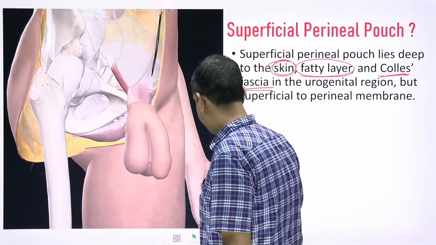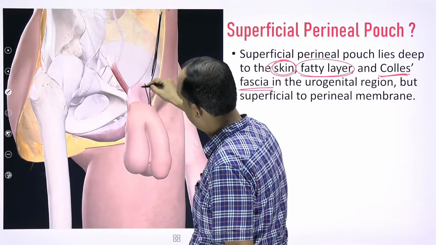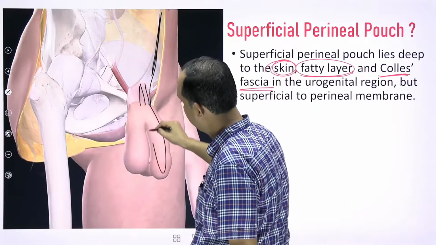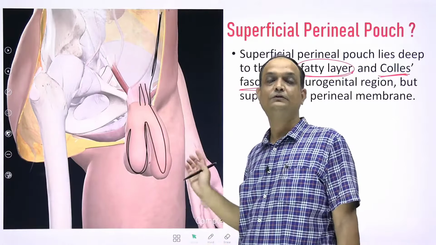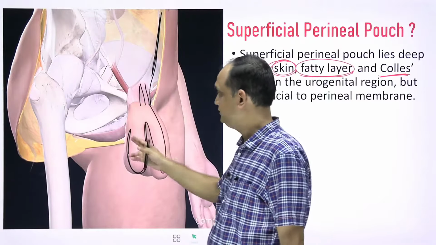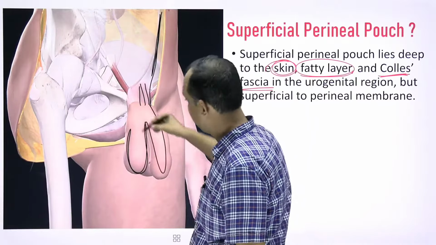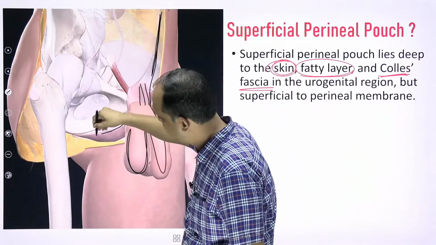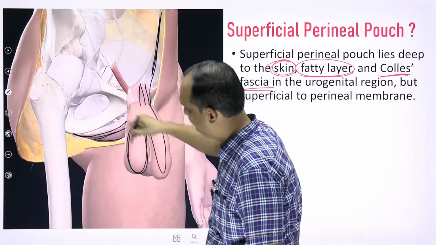This Scarpa's fascia then continues as the fascia of the penile region and the fascia of the scrotum. That is known as Buck's fascia in the penile region. Then this fascia enters the perineum, and here you can see this is your Colles fascia, which is going into your perineum.